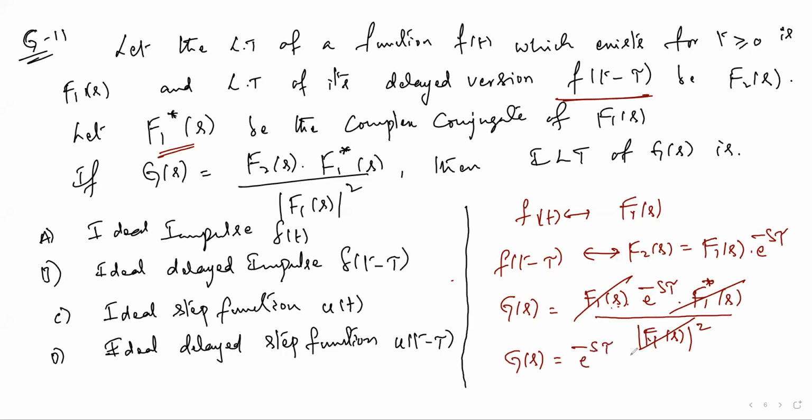If delta of t Laplace transform is 1, then e power minus s tau Laplace transform is what? S domain exponential multiplication, time domain shifting by same amount. So this is the answer: delta of t minus tau. Ideal delayed impulse function with the shifting. Is it? Question looks like complex, but logic is very simple to solve.